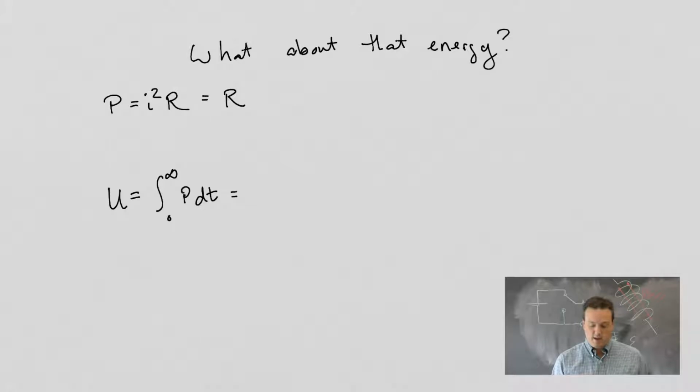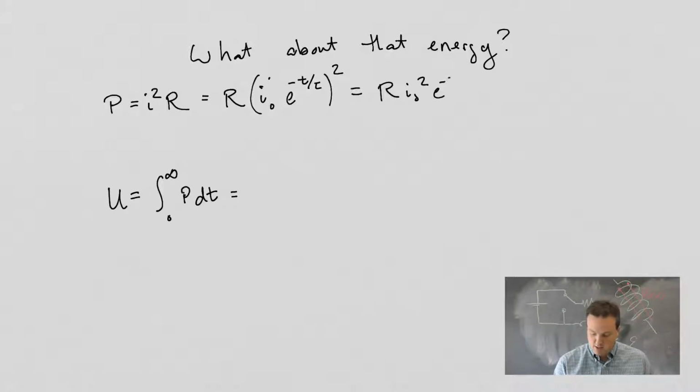And so I know that I is equal to I naught, the starting current, times e to the minus t over tau, and that's squared, right? And this is actually a pretty simple mathematical expression, so it's equal to R times I naught squared e to the minus 2t over tau, right?